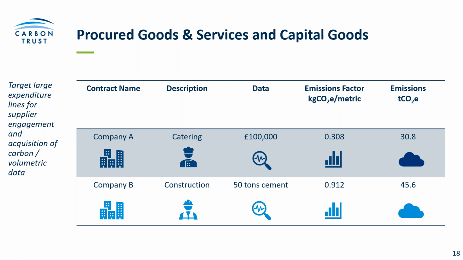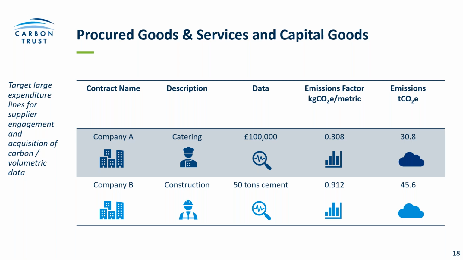If we look at the example here, the top line details a contract, a purchase good, held with company A that provides catering services. And in this example, there's no volumetric data available, so we look at the contract value, which is £100,000 in this case, and we simply use an appropriate EIO factor to then calculate the emissions.